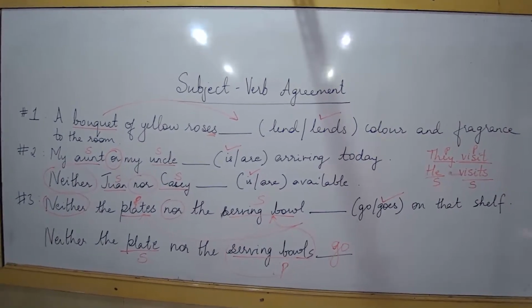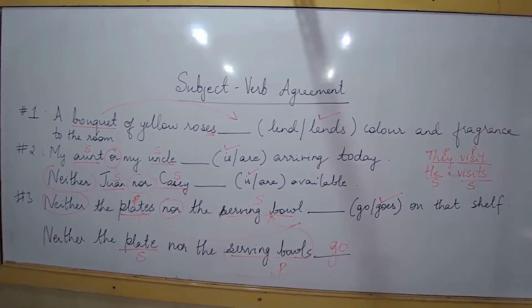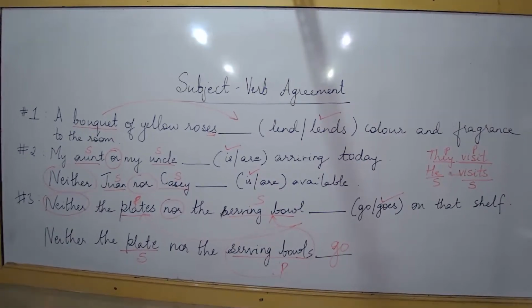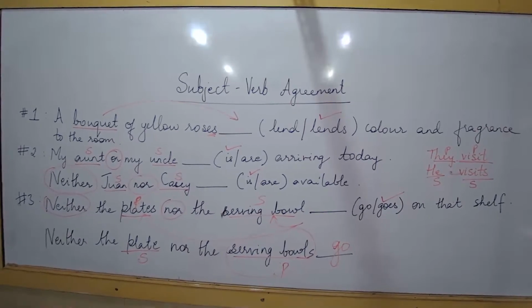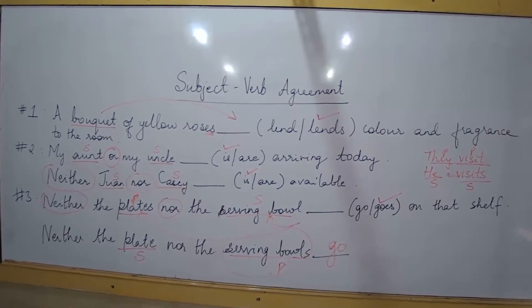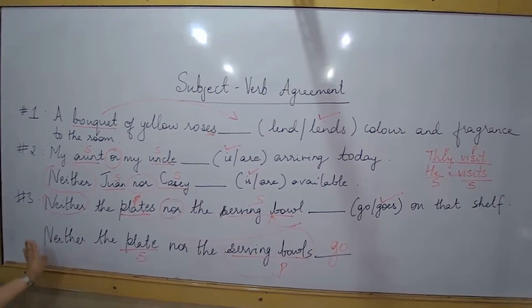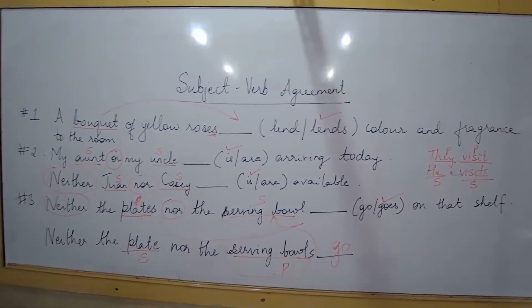Singular subject, singular verb, plural subject, plural verb. That's a universal rule. But now there's confusion because one is singular, one is plural. So you will take the one which is nearest to the verb. Which means you should not let this confuse you. Suppose this was not there.